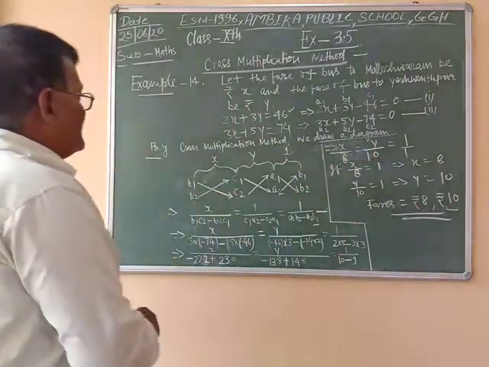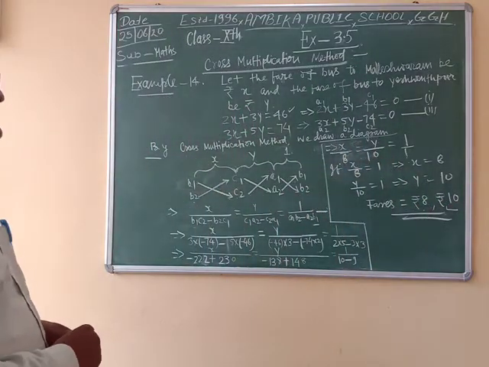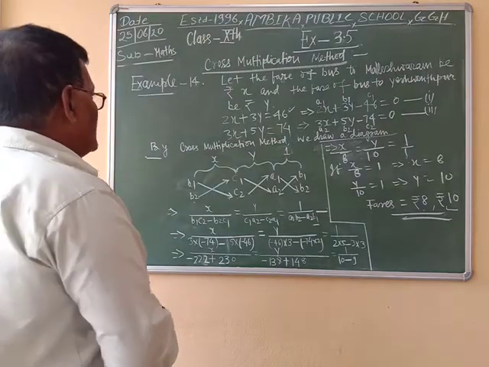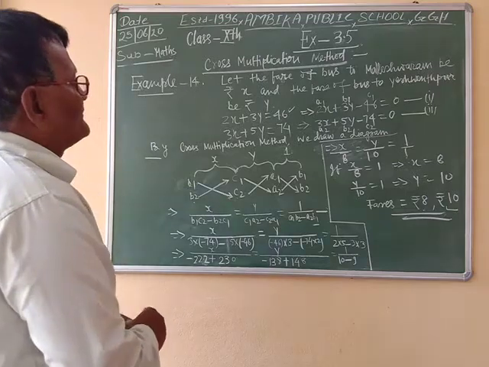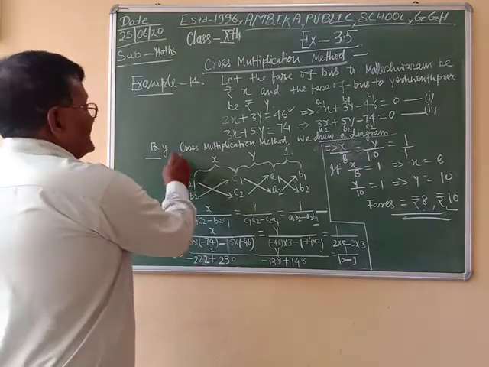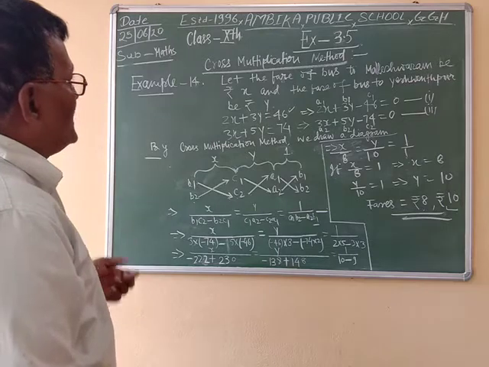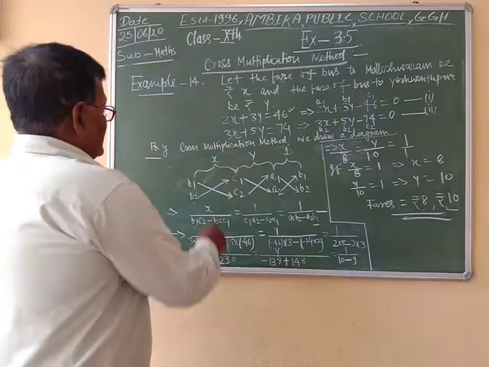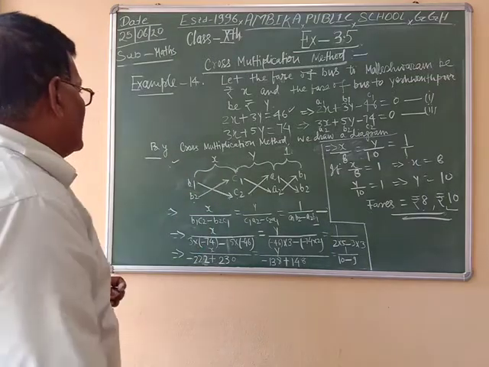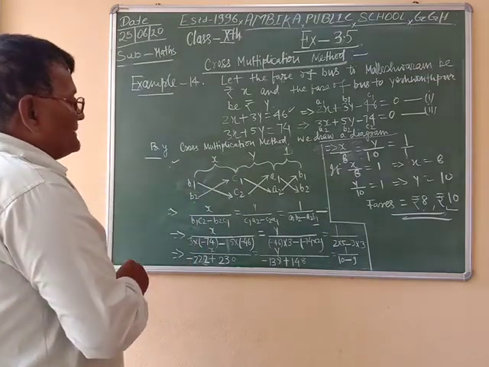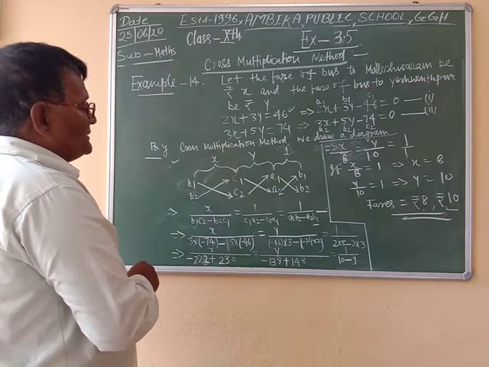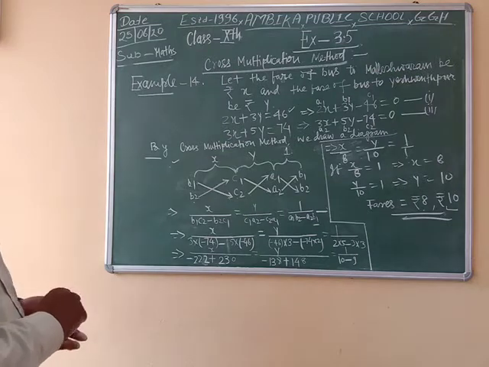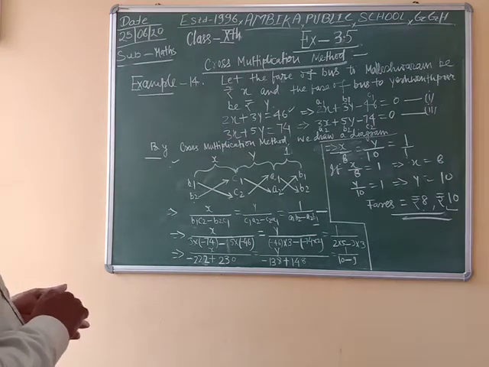So using the cross multiplication method, you can solve linear equations in two variables. You have learned the substitution method, the elimination method, and today I taught you the cross multiplication method, and using this method you can try to solve the given equations.